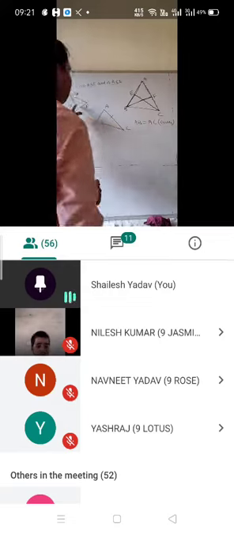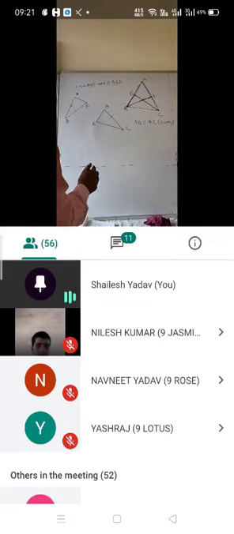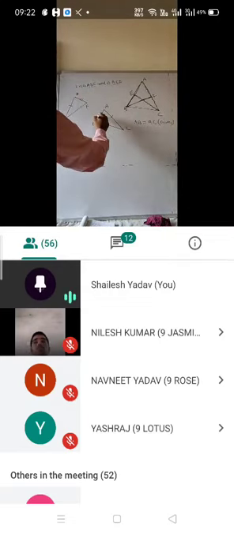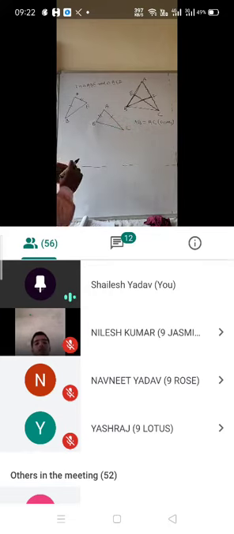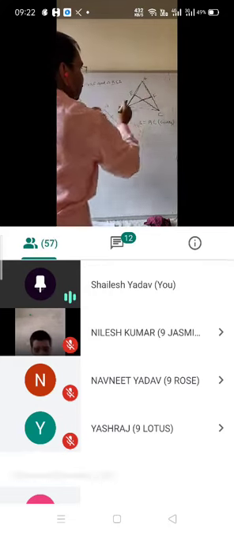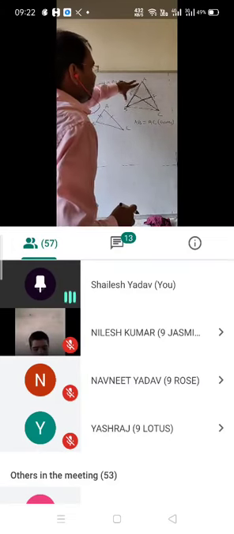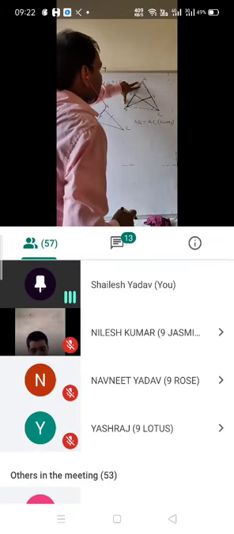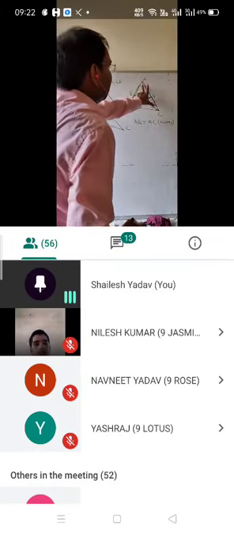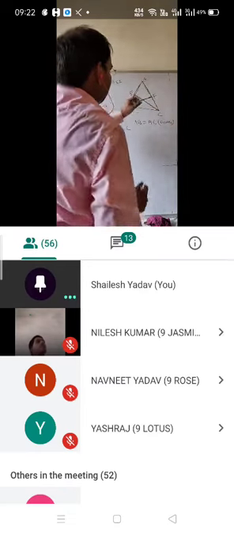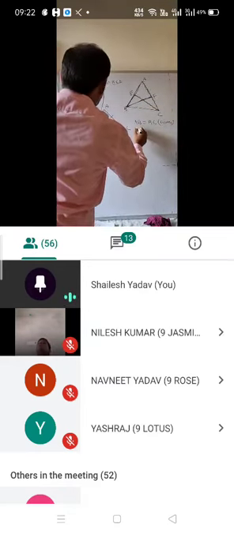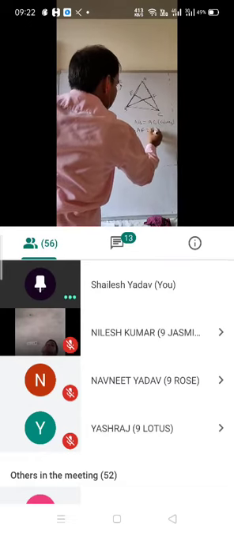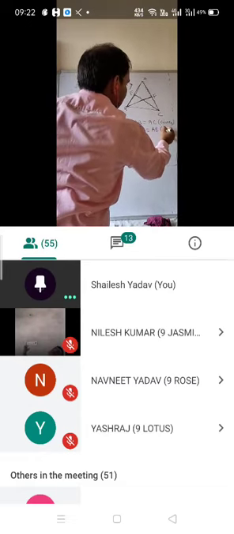One side is equal. Next, AF equal to AE. If AB and AC are equal, then their halves will also be equal. So half of AB equal to AE and half of AC equal to AF. So from here you can get AF equal to AE. Here you will prove it.